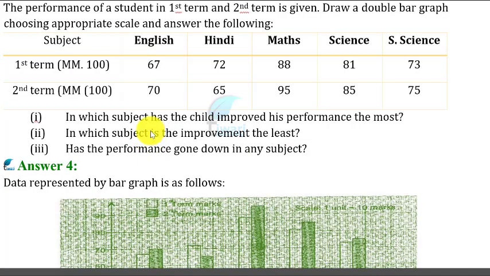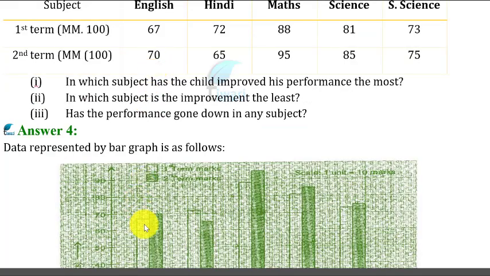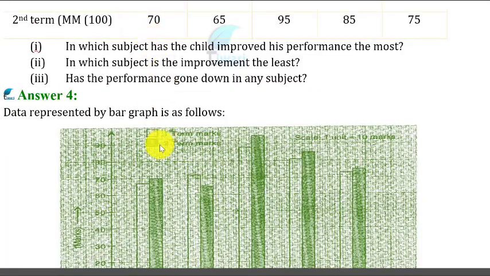So then here after 2 units we'll take English. For 1 unit you can take first term, which is given here 67, which will be in between 60 and 70. So you can exactly take here 67, mark and join this. In the second unit, given here second term 70, exactly 70 you have to mark and join this.